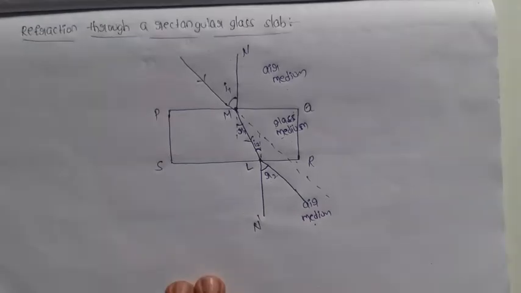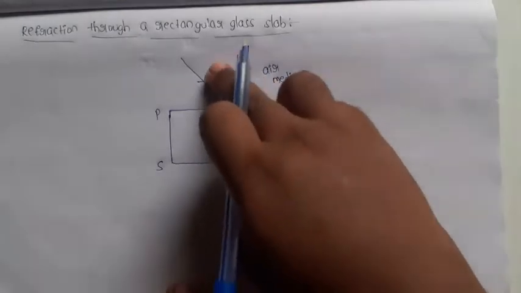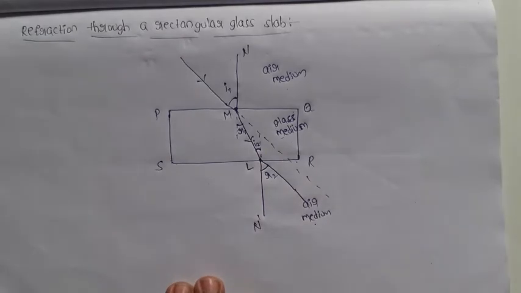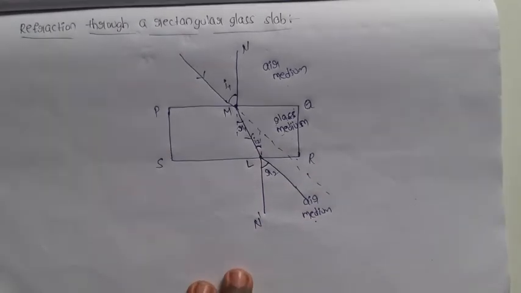This is the diagram. In this diagram, two refractions are going to happen. This is the first refraction, this is the second refraction. We already know that when light travels from one medium to another medium, it follows two laws.